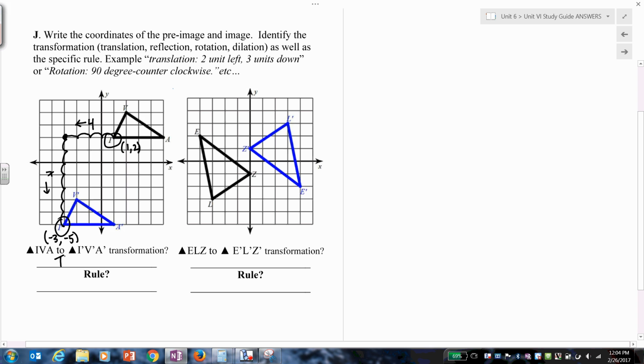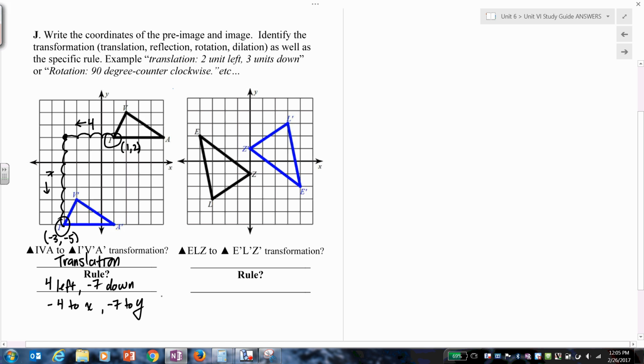We did a translation. And the rule was 4 to the left and 7 down. Or you can say -4 to the x-coordinate and -7 to the y-coordinate.